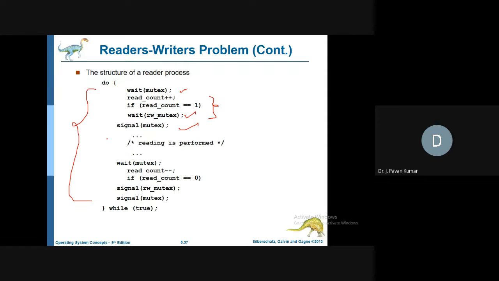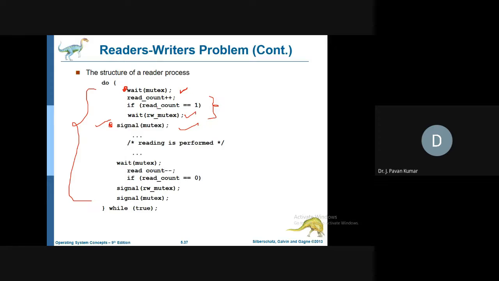If the programmer misuses this, knowingly or unknowingly, then problems arise. Wait of mutex should be followed by signal of mutex while coming out of the critical section, but if he does not give signal of mutex, the process will keep on waiting. It will lead to indefinite waiting, that is starvation. That is one of the problems.